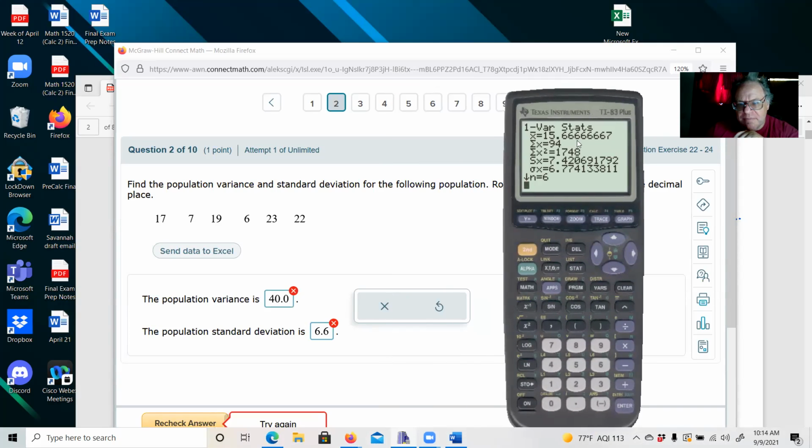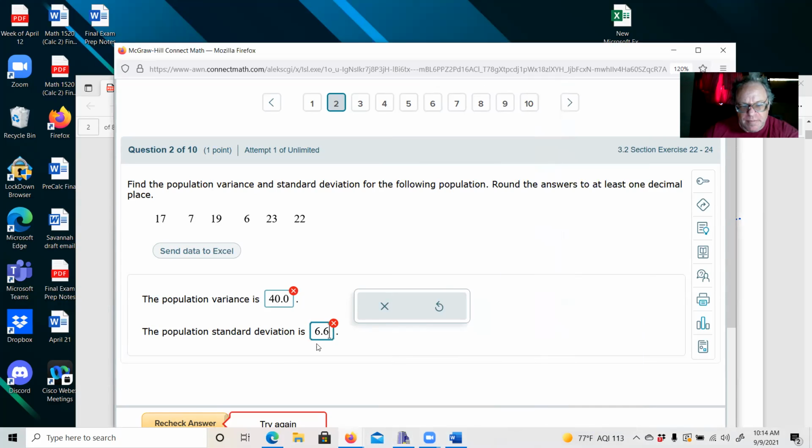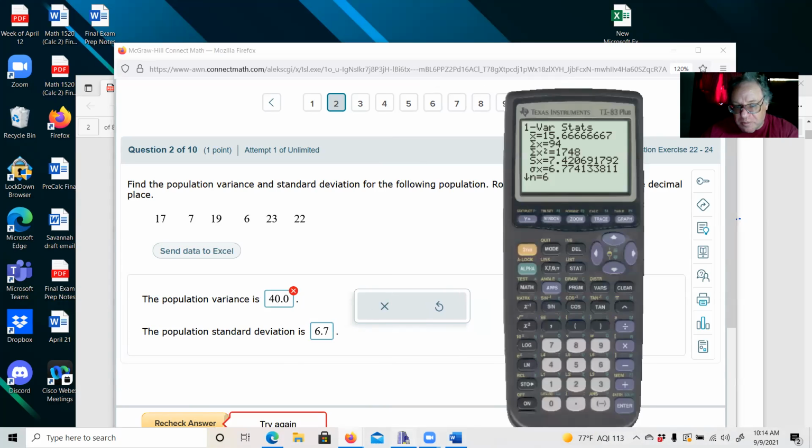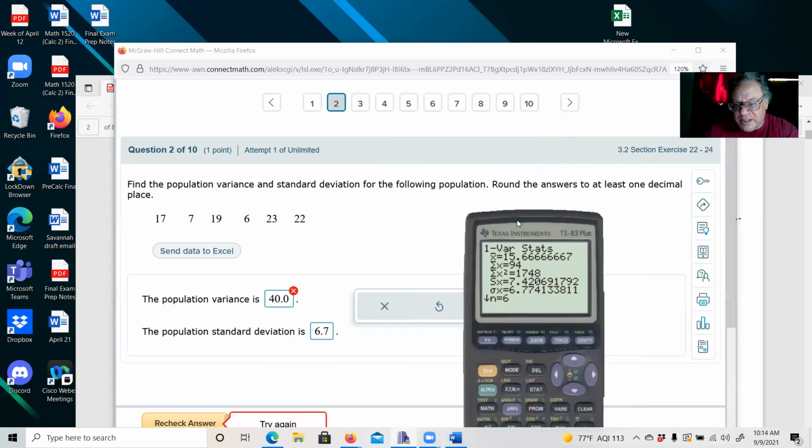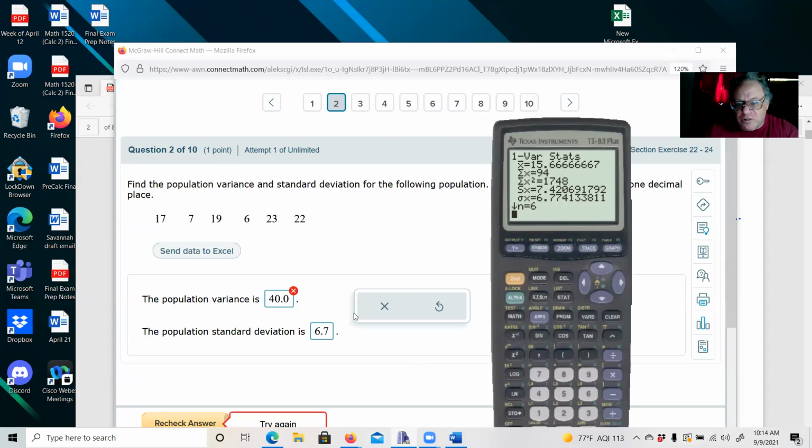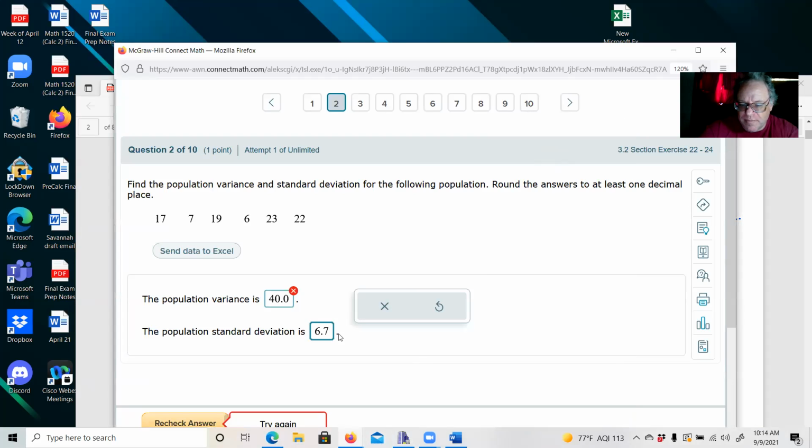Okay. Maybe I should have kept a couple more places. So we have 6.67. Let's go ahead and try again. This one's 6.7 now, right? With 2 decimal places. So do just 1 decimal place. Oh, 6.8. It's really off.